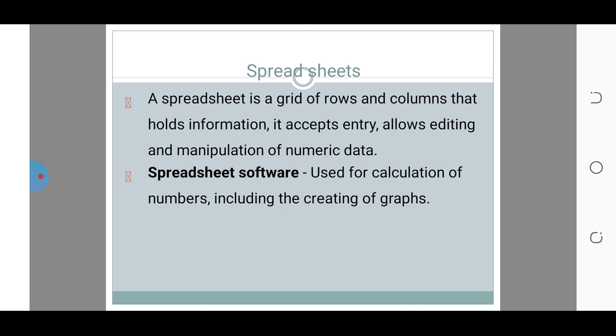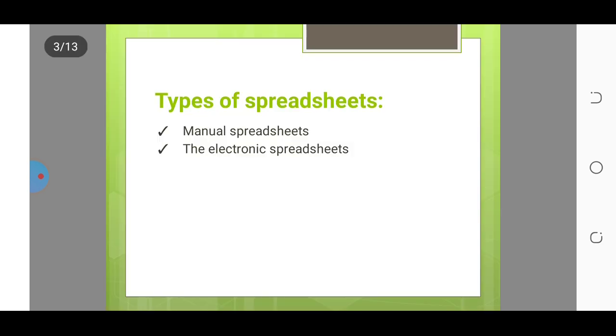Then spreadsheet software is basically used for calculation of numbers, including the creating of graphs. So whatever calculation you want to take of numbers, you can do it in a spreadsheet. And then you can also create different graphs using spreadsheet.